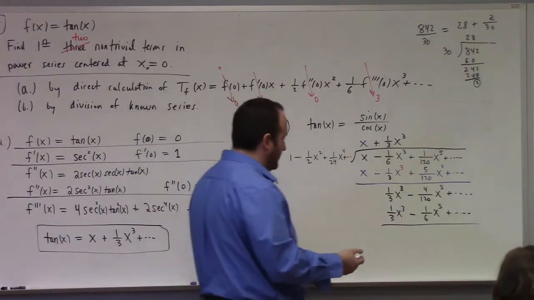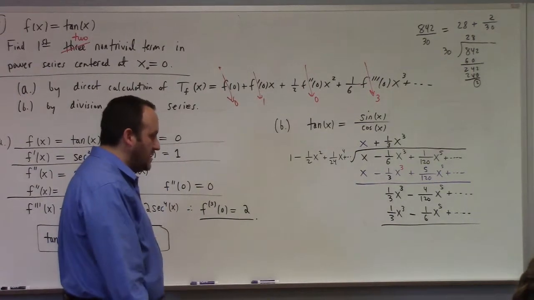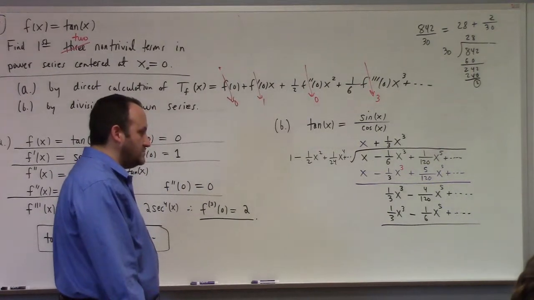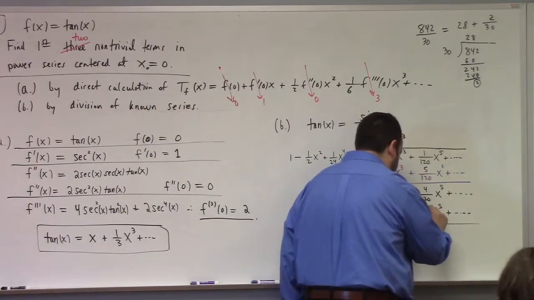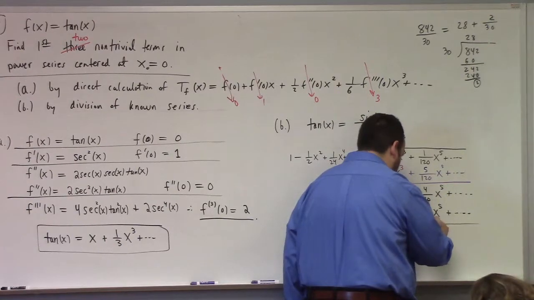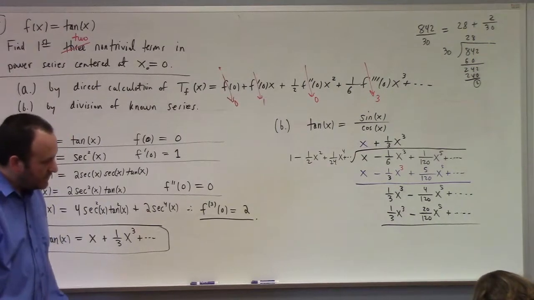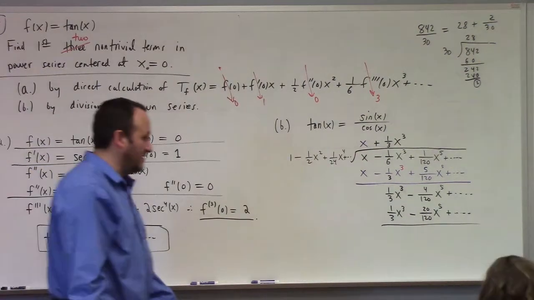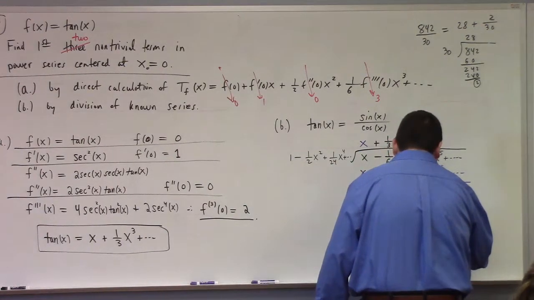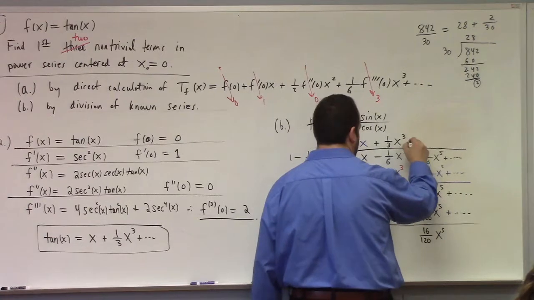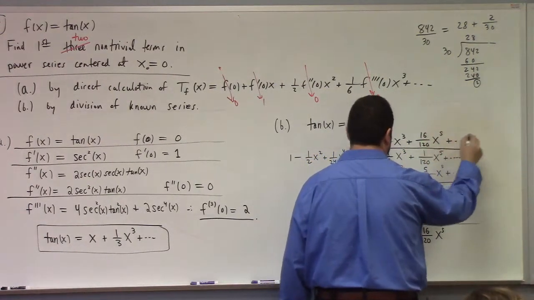So we take the difference. How many 120ths is 1/6? Yeah, that's 20. That's 20 120ths, isn't it? And so what do I get? I get 16 120ths. And so the next thing up here is plus 16 over 120 x to the 5th, and so on and so forth, right?